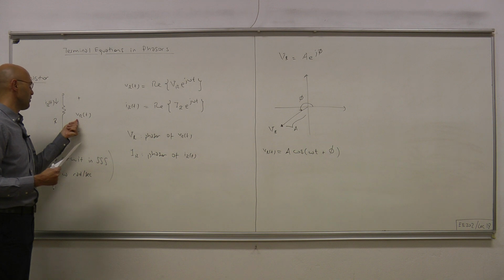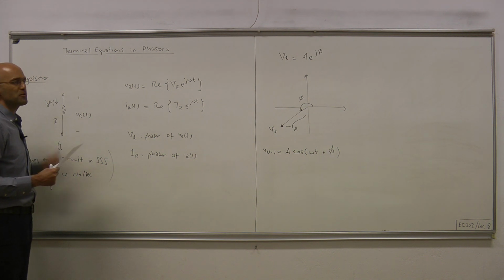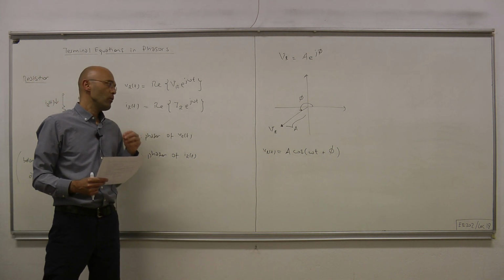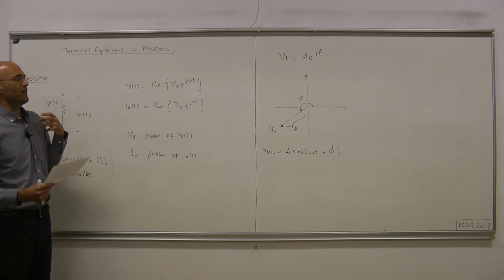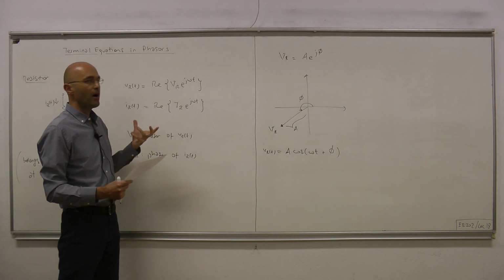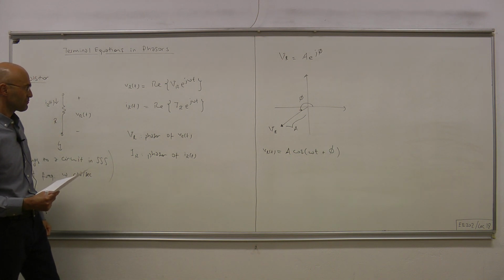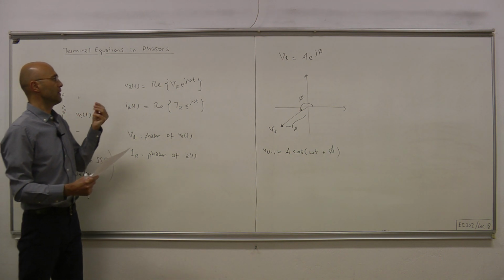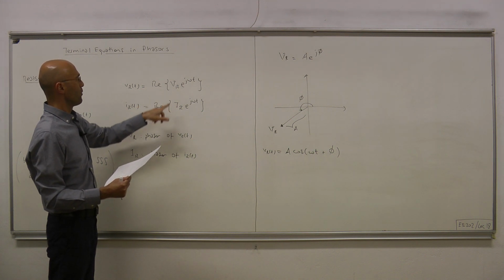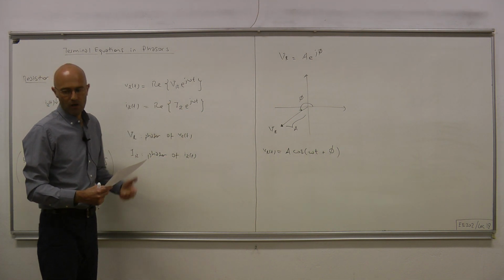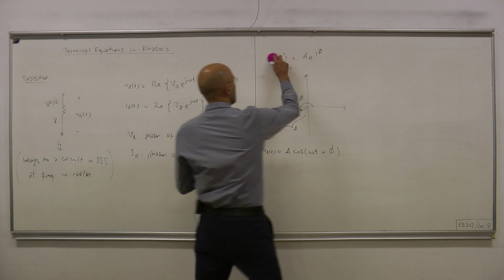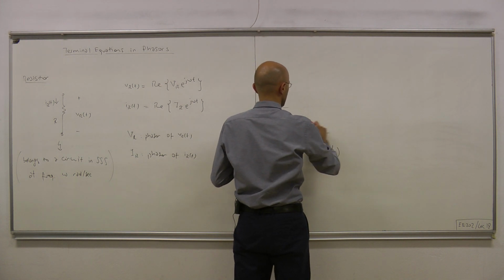In other words, vR(t) equals R times iR(t). And now what we're going to figure out is what that relation implies on the phasors of voltage and current. And it's very simple to obtain.